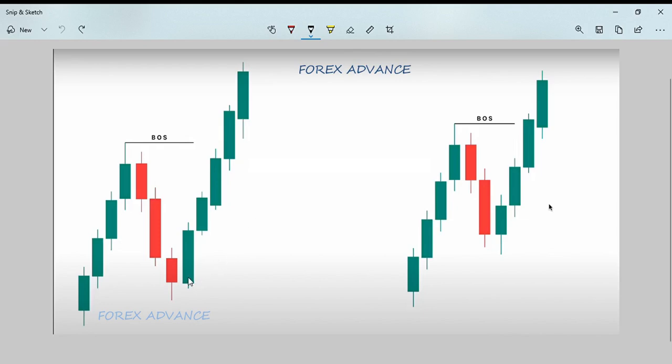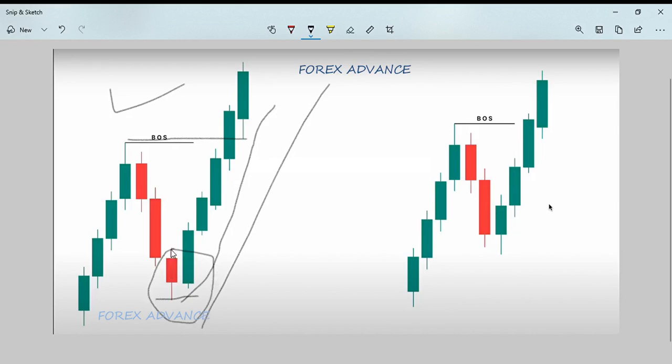I repeat it again. Look at the first diagram. If there is a bullish trend and after break of structure, we look for the last selling candle from where the market has taken the momentum and it continues its bullish trend. That specific candle is your order block.